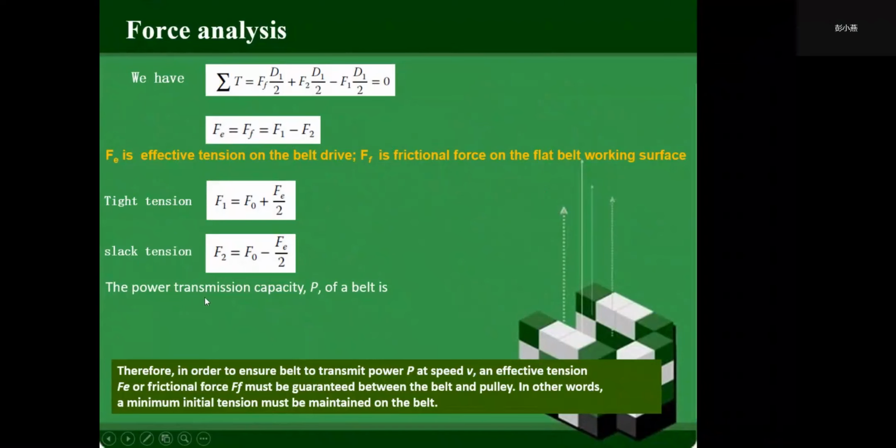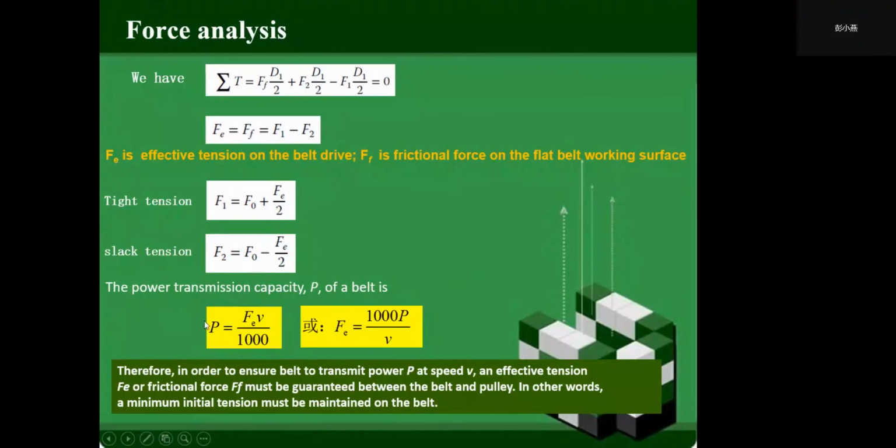The power transmission capacity P of a belt is FE times the speed V divided by 1000. Therefore, in order to ensure the belt transmits power P at speed V, an effective tension FE must be guaranteed between the belt and the pulley.